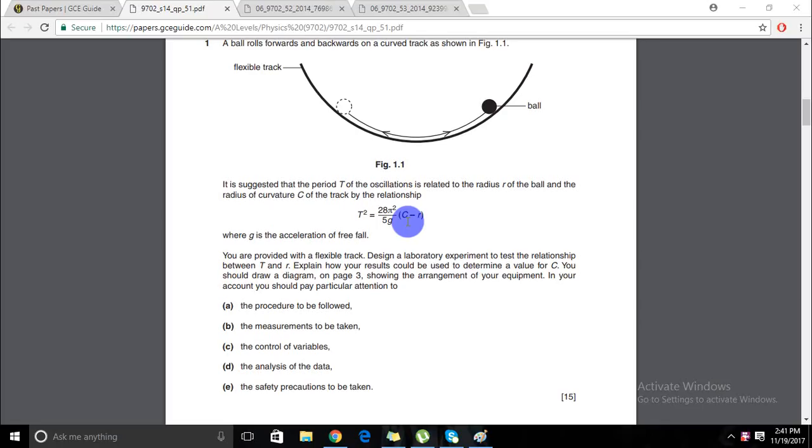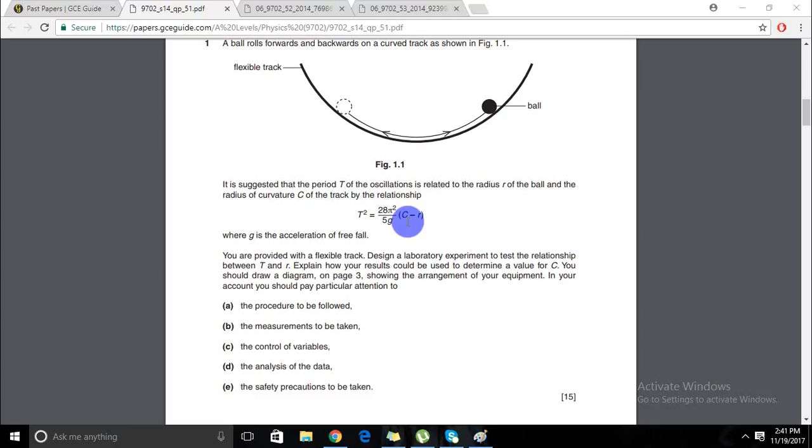And what procedure would you follow? Well, number 1, you would use the same flexible track for all of the experiments you will carry out. Number 2, you would use at least 5 balls of varying radius.